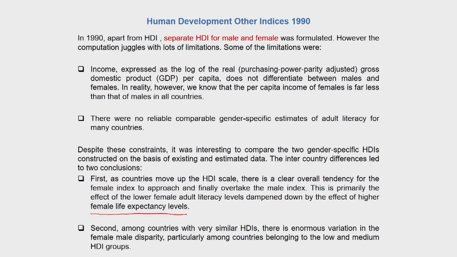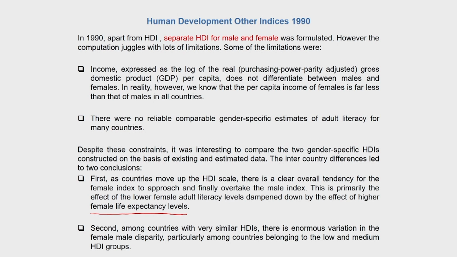The second conclusion was that among countries with very similar HDIs, there was enormous variation in the female-male disparity, particularly among countries belonging to the low and medium HDI groups. The lower the HDI levels or ranks of countries in the overall ranking, the male-female disparity was seen to be much higher.